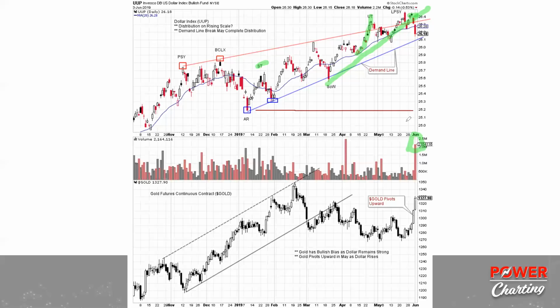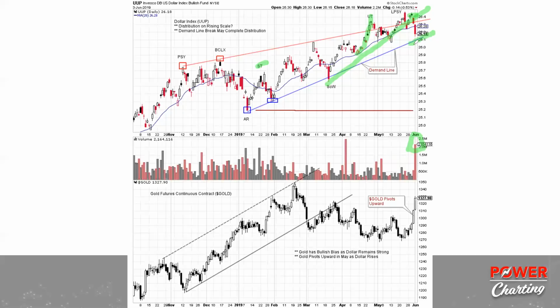So I am suggesting that if the dollar is truly turning off of a diagonal exhaustion condition, where this entire run up to the resistance area on that larger weekly chart is an overbought condition, a test, and then a failure, what should happen is that we should see the dollar, the UUP, break this uptrending demand line, and should break that pretty handily.